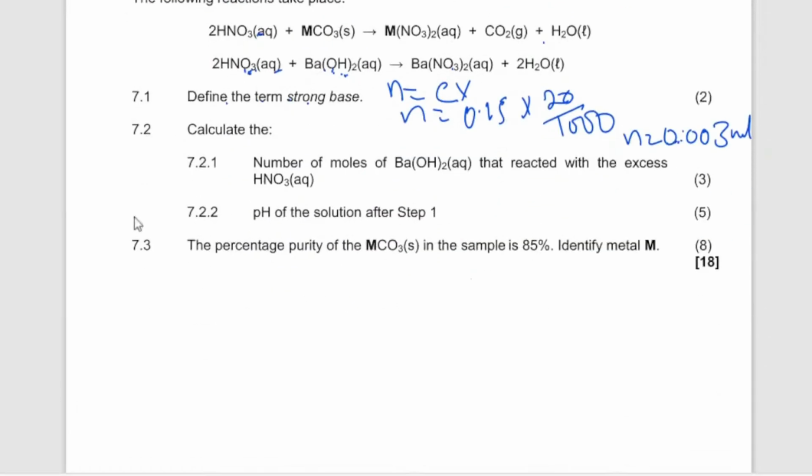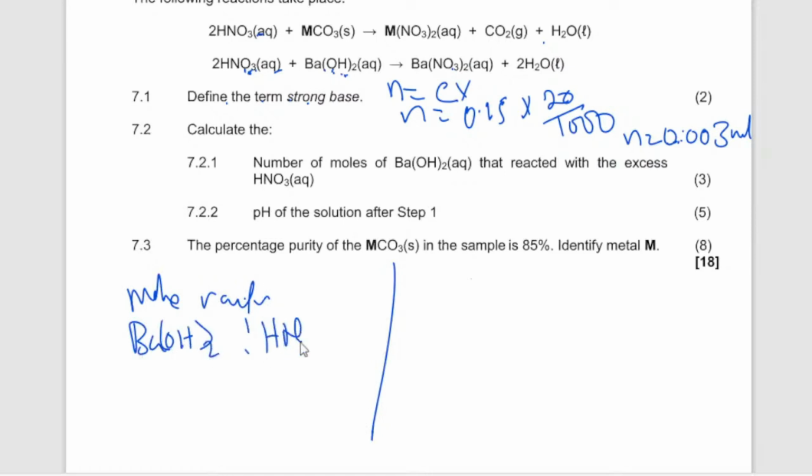Okay, let's start by saying the mole ratio, barium hydroxide to nitric acid. So barium hydroxide is 1 and then nitric acid is 2.